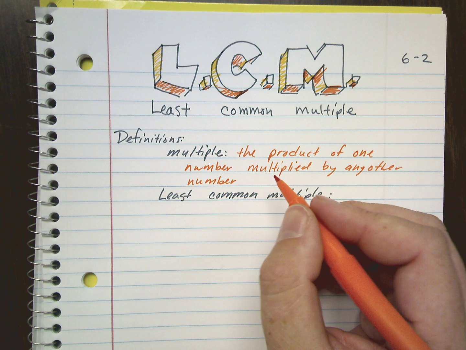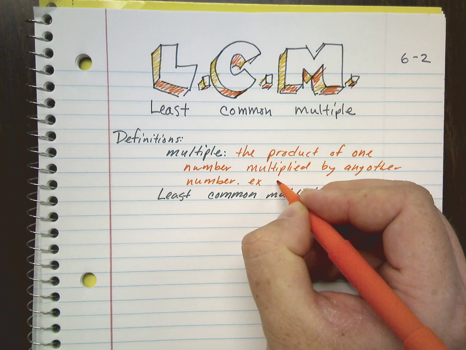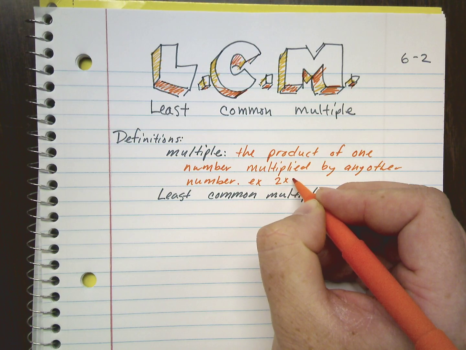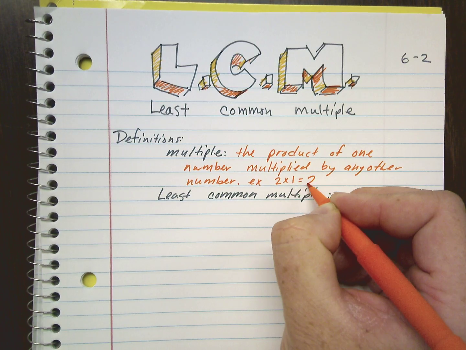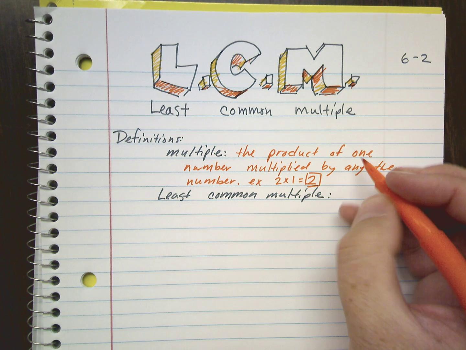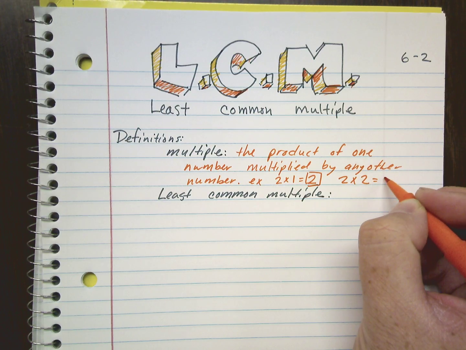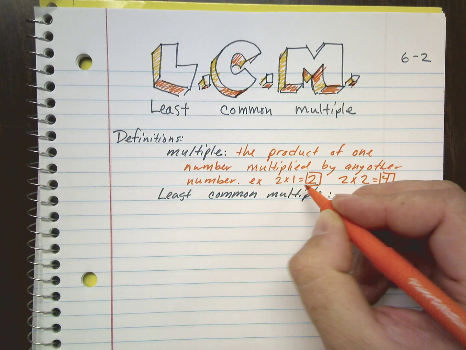Let's say, for example, 2 times 1 equals 2, and 2 is our multiple of 2 times 1. And then I take that same number, 2 times 2, and 4 is a multiple of 2.